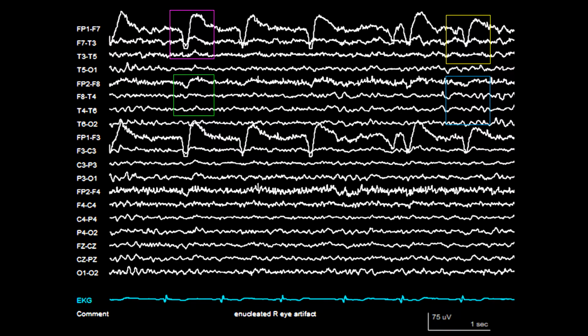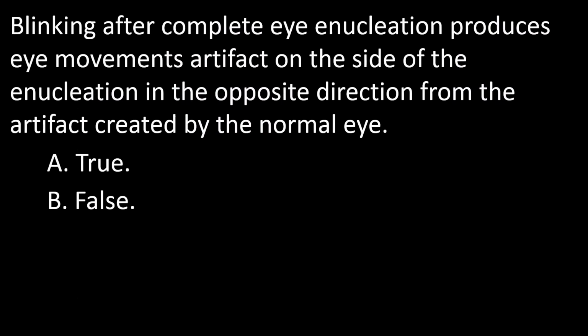And in this new sample, as you can see, it is present in the normal eye, but is hardly perceivable in the enucleated eye. Yet, they are always in the same direction. So the answer to this question is false.